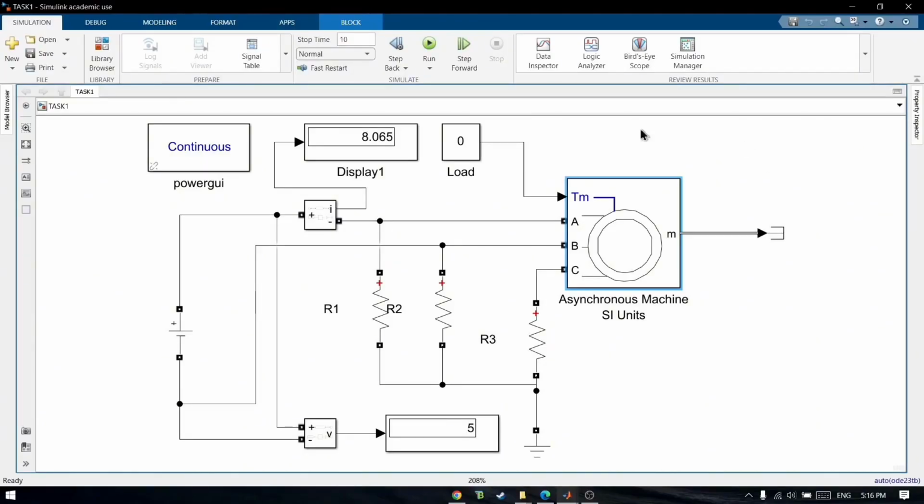As you can see, the results are displayed here. A DC voltage of 8.065 and a DC current of approximately.